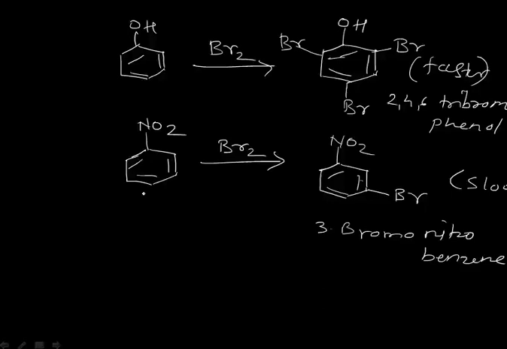Whether your reaction is going to be slower or faster depends upon the availability of electrons at that particular site of the reaction. And this is actually the structural effect.